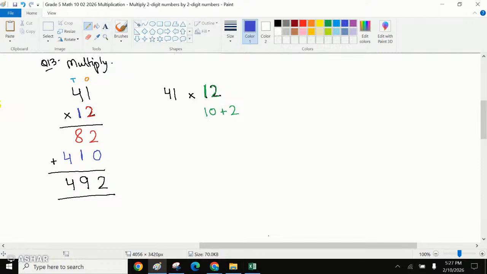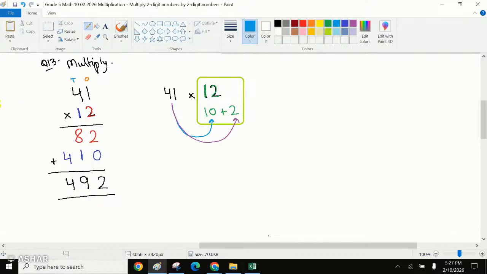So we have this number now, 41, that was supposed to be multiplied by 12. What we did was we break down the 12 into 10 plus 2, right? And they both are equal. So now I multiply 41 by 10 and then I multiply 41 by 2, because I broke down the 12 into two numbers.